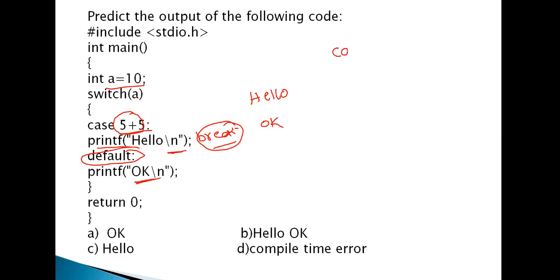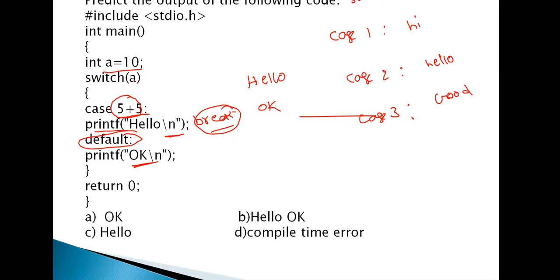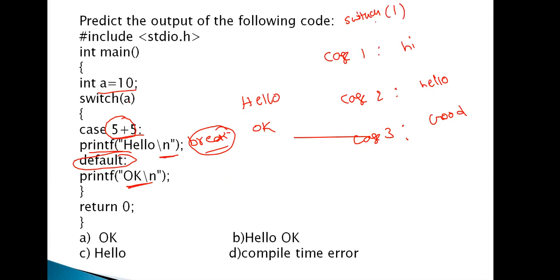For example, like this: case 1, case 2, case 3. Suppose in case 1, we are printing hi, printing hello, printing good. For example, if your switch matches with case 1, what is the output? The output is hi, hello, and good.